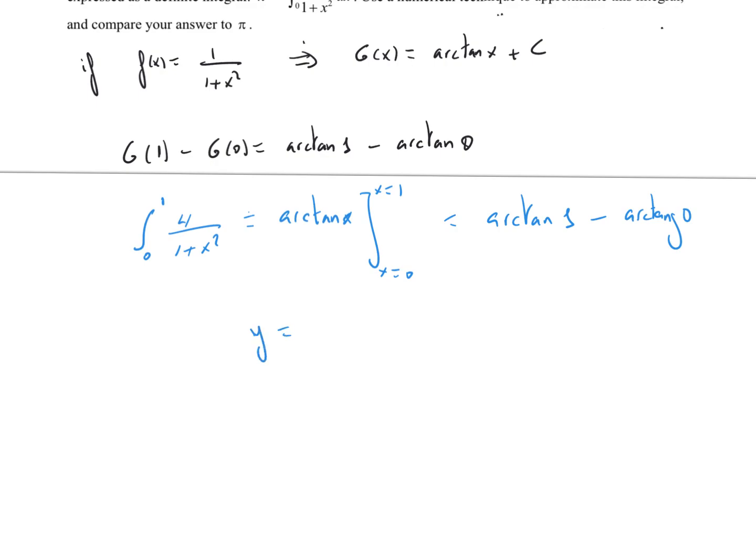How will I know the value of arctangent of 1? If y is equal to arctangent of 1, how will I know who is y?